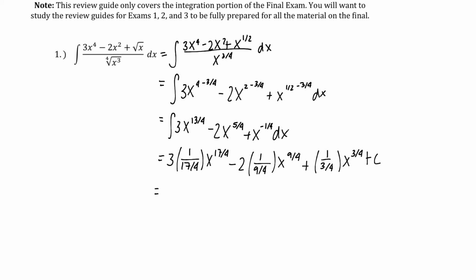And then we're going to simplify. So let's see, this will be 4 over 17 times 3 is 51. This will be 8/9 x to the 9/4 plus 4/3 x to the 3/4 plus c.